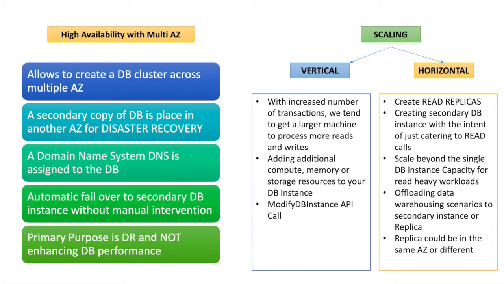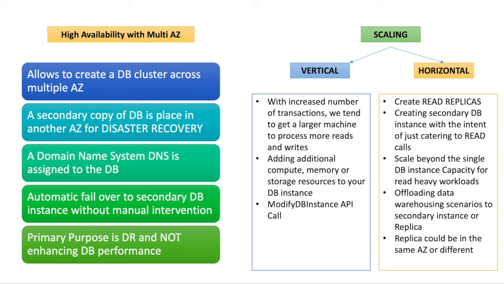As part of horizontal scaling, we create a read replica. We are creating a replica of my DB instance. So the primary instance is my DB primary instance. We create a secondary instance, which is not a standby. It is a complete replica, but it is only for read purposes. So all the read related queries are offloaded to this replica, and the primary instance only takes care of other activities.